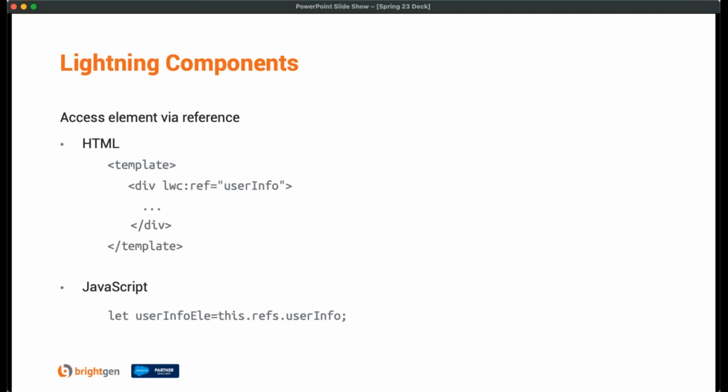So you can access this in JavaScript just by using this.refs and then the ref name that you gave it. So in this case, in the snippet, it's userInfo. I can just get that element by doing this.refs.userInfo rather than having to rely on overloading data attributes or pulling it back by class selectors and the like. So this is much better. Shame it's taken us this long to get here, because we needed this kind of thing since Visualforce days, but the important thing is that we got there.